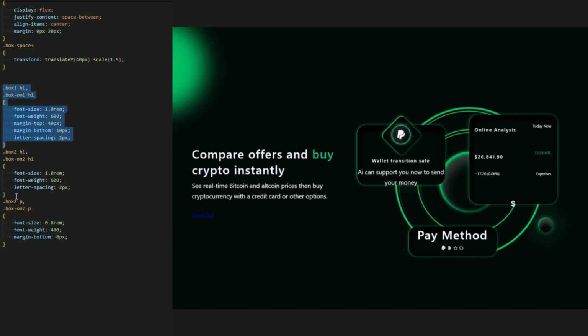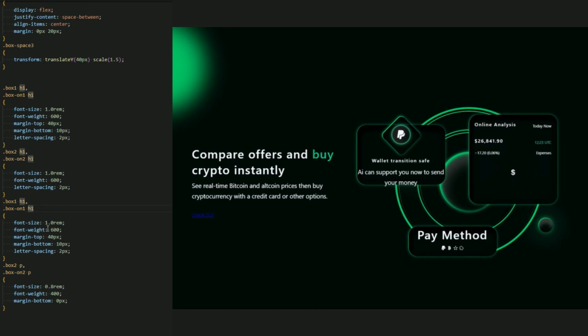Let me just copy this and paste it here. Box 3 h1: let the font size be the same, but the margin bottom be 15 pixel, and the letter spacing the same. We don't need a margin top. Let me delete it. Here we go.